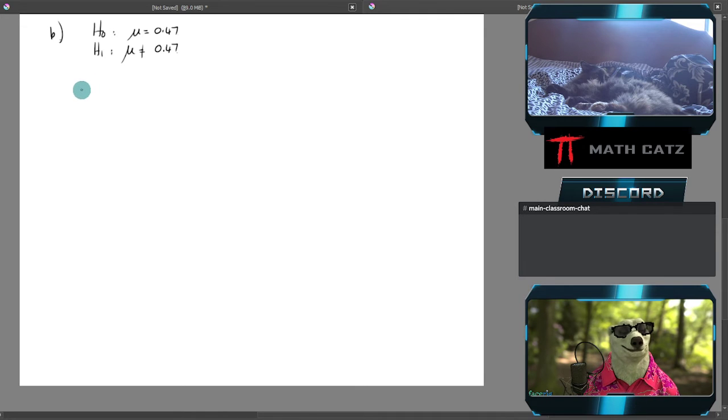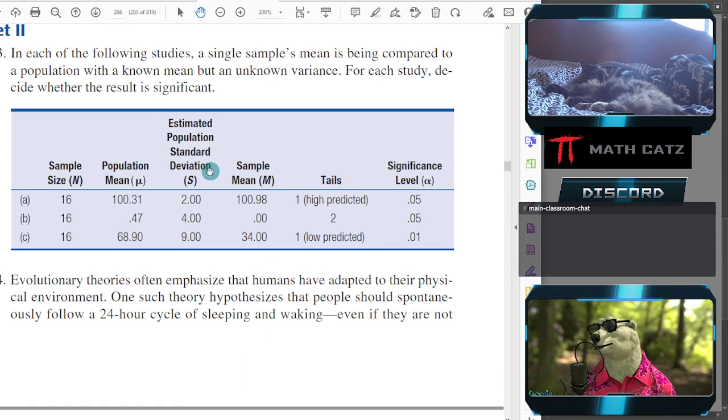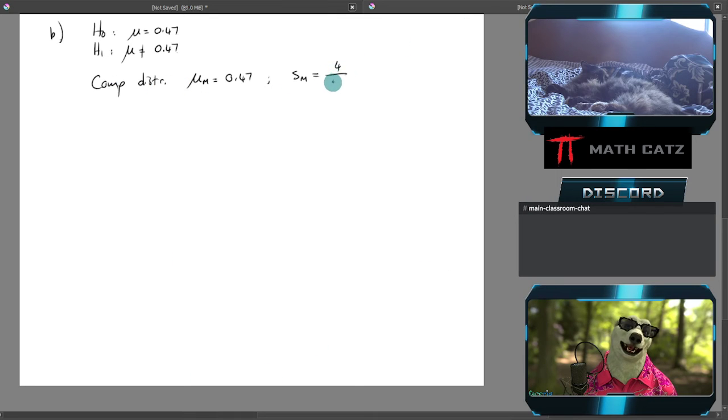All right, so now we have our comparison distribution as before. It has mu M under the null hypothesis of 0.47 and an approximation to its standard deviation, which is why we use an S. The standard deviation approximation for the population of individuals, 4, over the root of the sample size, which is a very convenient 16, and we get a 1. Now again, we have an alpha of 5%.